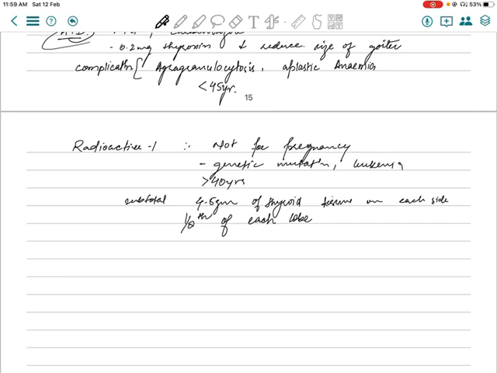Late complications include thyroid insufficiency, recurrent thyroid toxicosis, progressive exophthalmos, and hypertrophic or keloid scar.